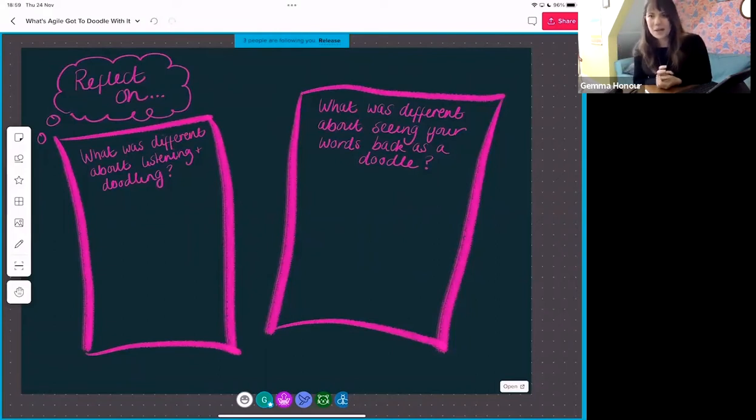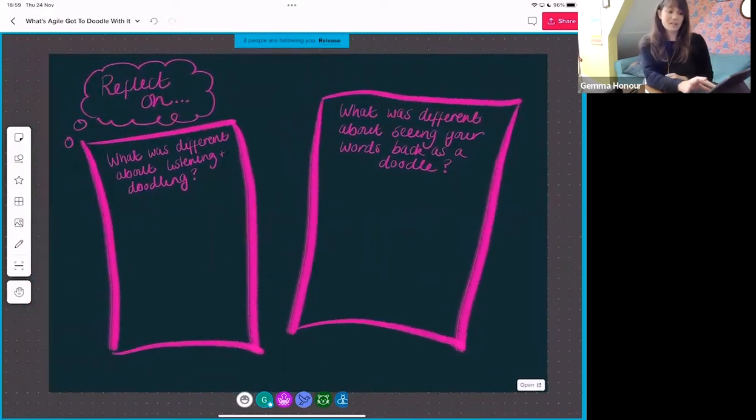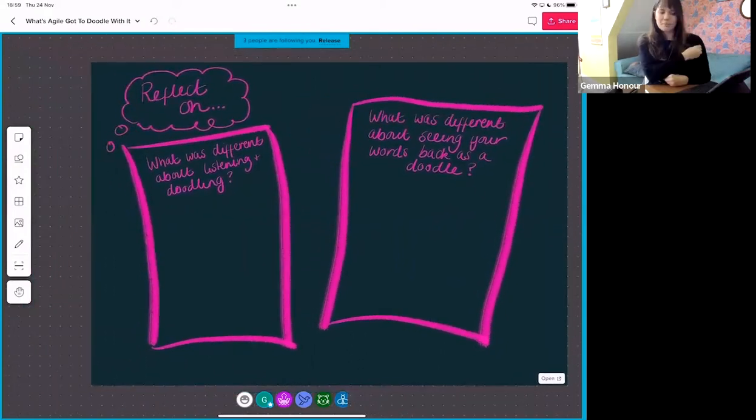Brilliant. And Jamie, you said it's impressive to see someone else's take on your story. Yeah, absolutely. When I first did this exercise, I tested it with my friend Kerry, and she explained something very complicated to me, and my doodle showed her where she had gaps in her explanation.